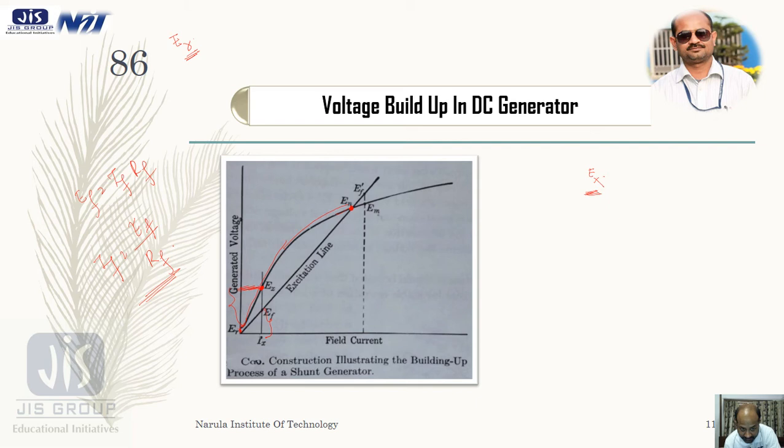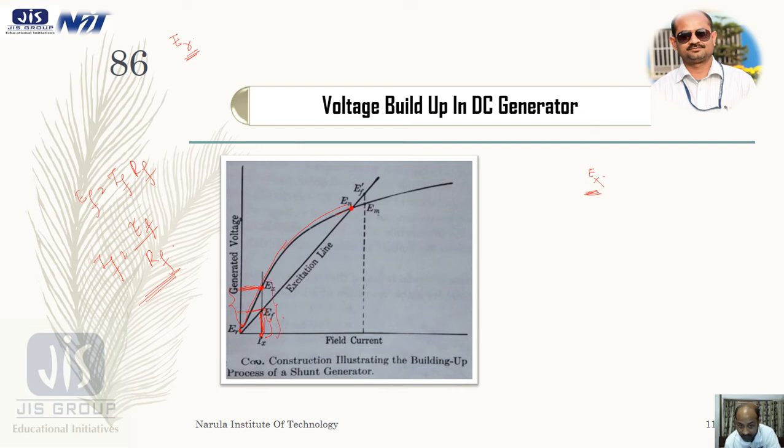But this voltage EF is sufficient to overcome the field resistance drop due to IX. So for this amount of current, EF is enough to overcome the field resistance drop. But now the voltage is EX.